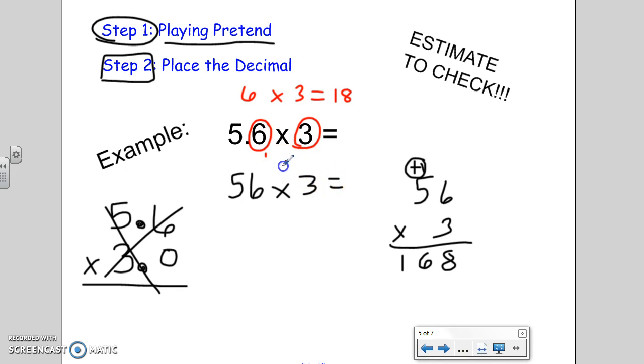That would give me 2 decimal universe spaces, which would be here. And I can see by my estimation, 18 is not very close to 1.68. So that is why that is not correct. We need to make sure that we put our decimal point in the correct place value based on how many real digits there are in the decimal universe.